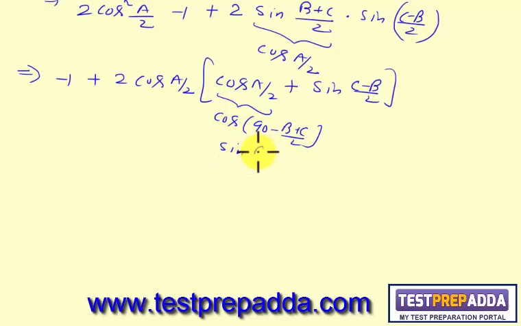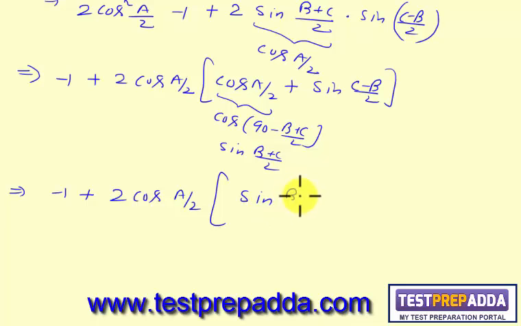Since it is in the first quadrant, cos will remain positive, so sin (B plus C)/2. So here we write minus 1 plus 2 cos A by 2, and inside the bracket sin (B plus C)/2 plus sin (C minus B)/2.